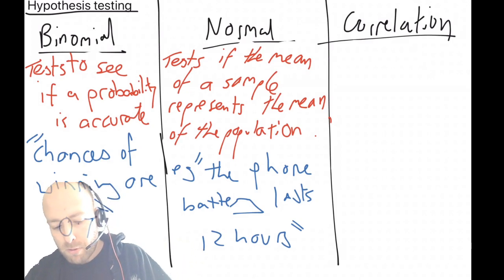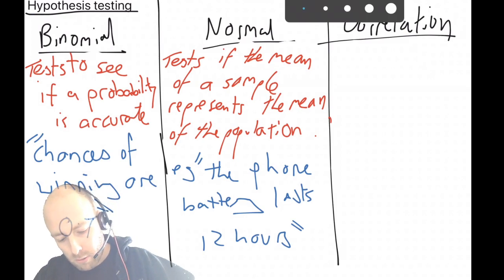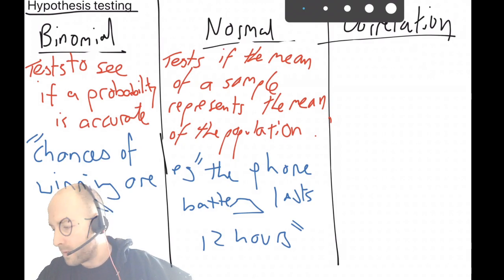And the last one I'll talk about briefly, because we are going to spend some time on this after Easter, is correlation. So we can test the correlation, do a hypothesis test on it.